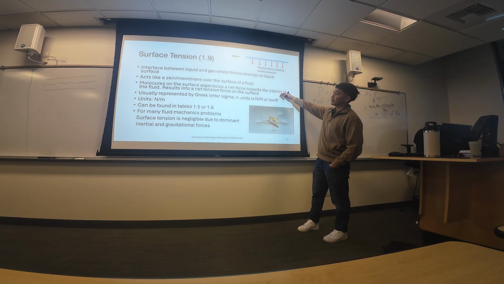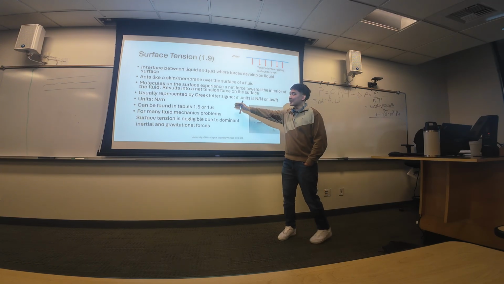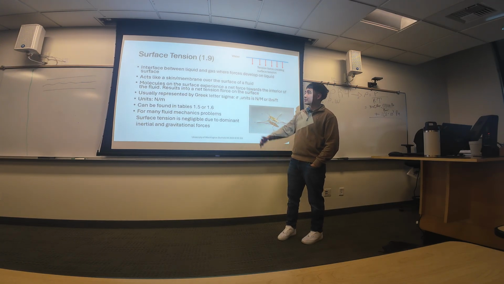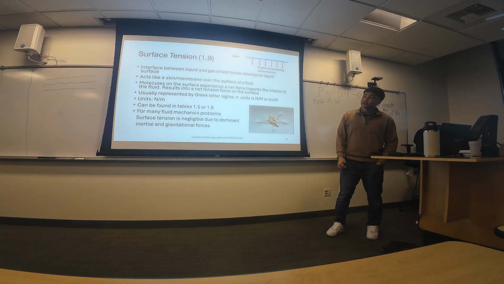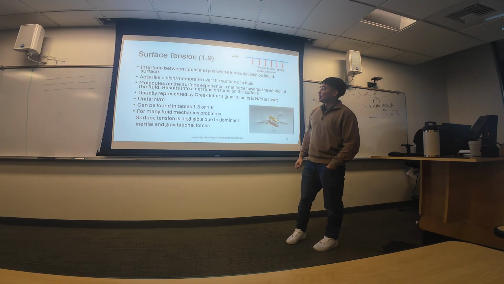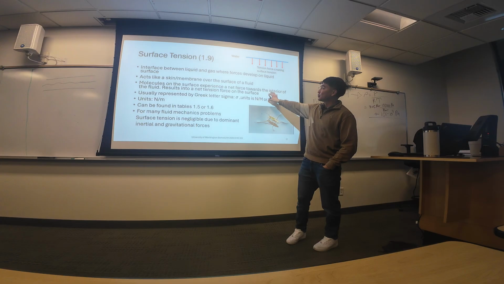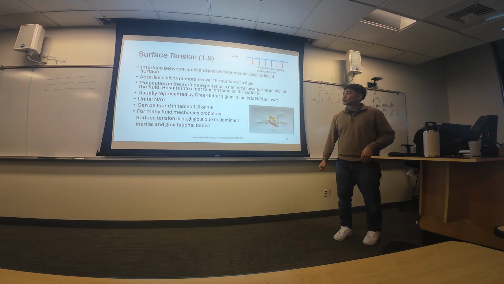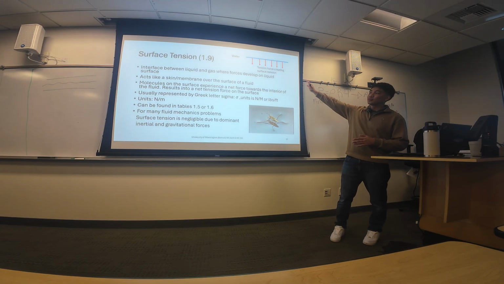I'll get to this picture once we get to the bullet point here. Like I said, it acts like a skin membrane over the surface of a fluid. The molecules, so this is what explains this picture. There are water molecules on the surface of this water, or whatever liquid you're working on.